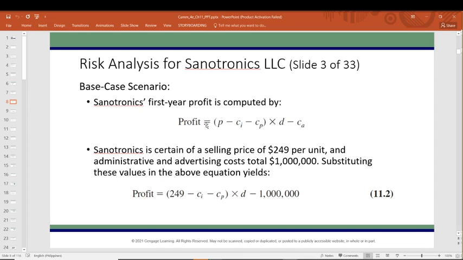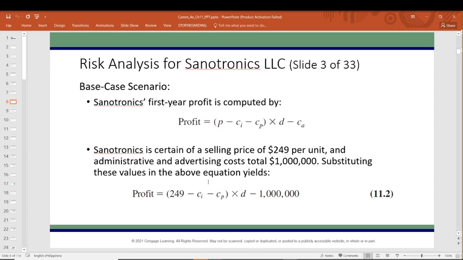Okay, so we can have the formula for the Sonatronics first-year profit by multiplying the result of selling price per unit minus direct labor cost per unit minus parts cost per unit by the first-year demand, minus A, where A is the advertising cost.